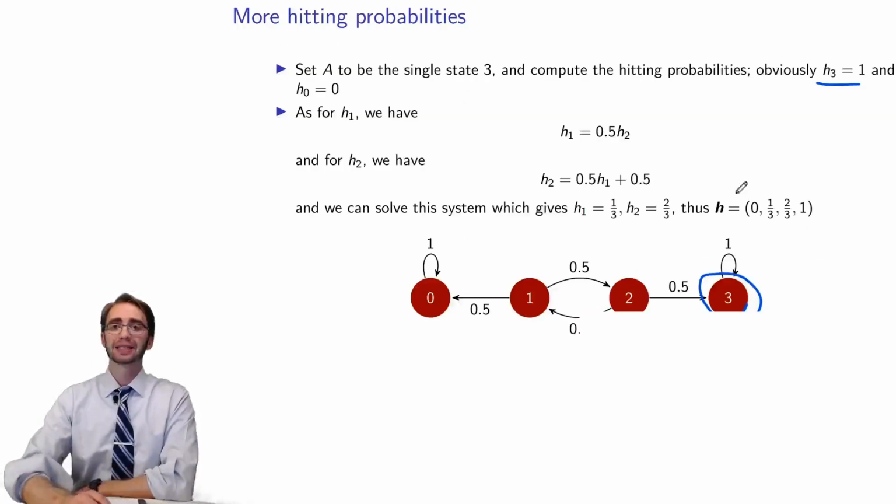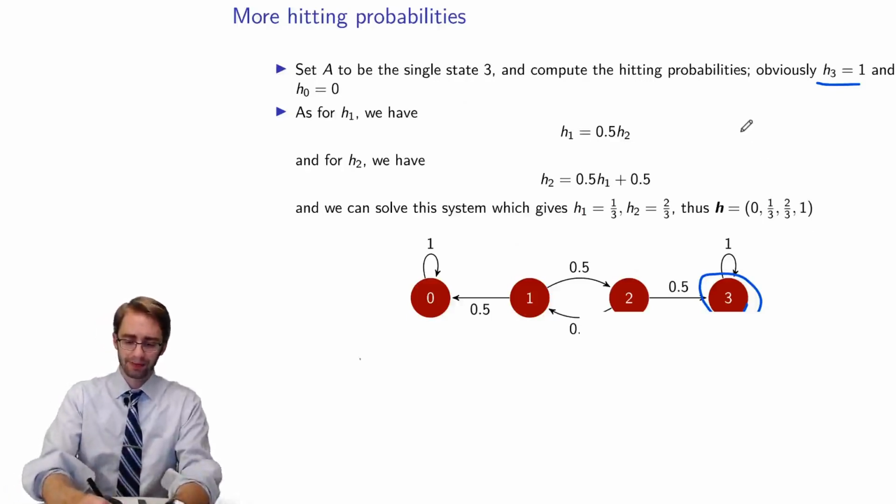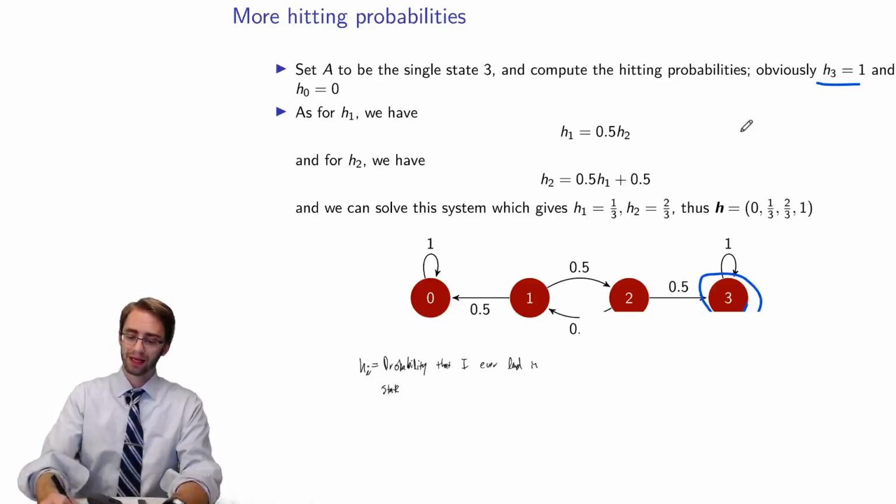I'm going to say h sub i is equal to the probability that I ever land in the set A if I am presently in state i.